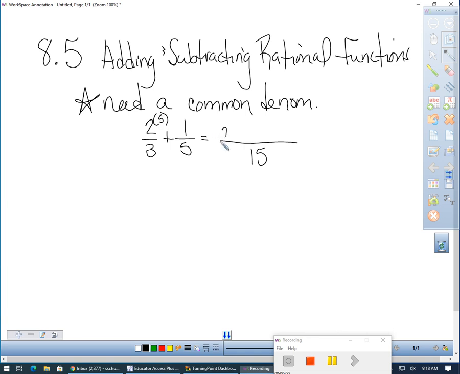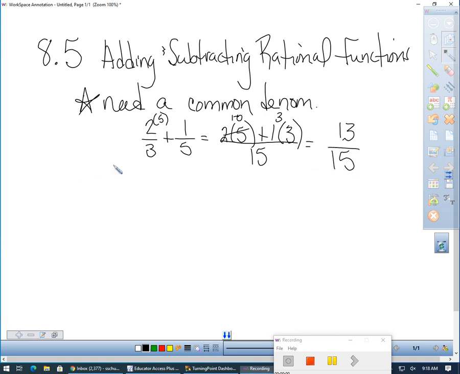So we put 2 times 5 here, and then we multiplied whatever was missing over here. So I had 1, and then it's missing the factor of 3. Then we simplified. So we have 10 plus 3, so we got 13 over 15.